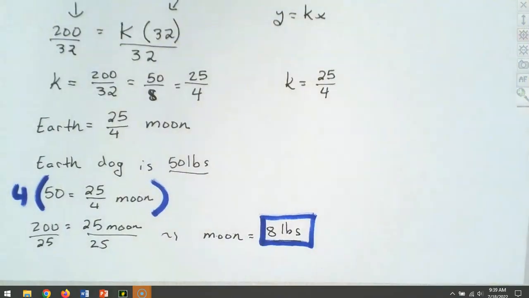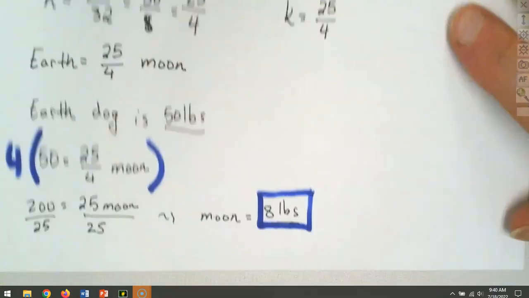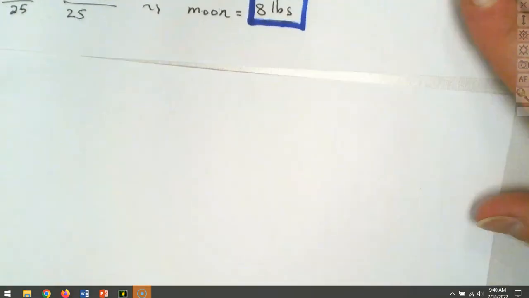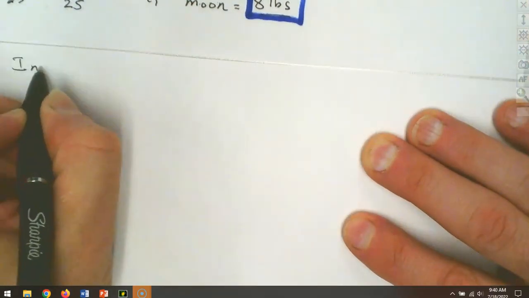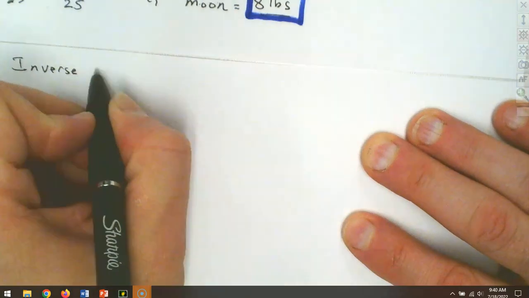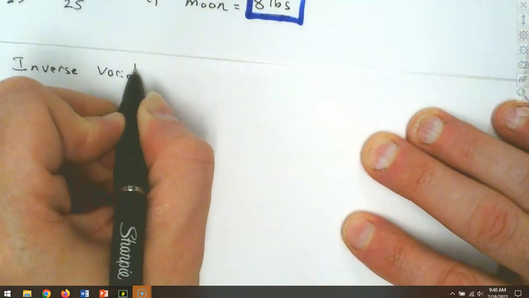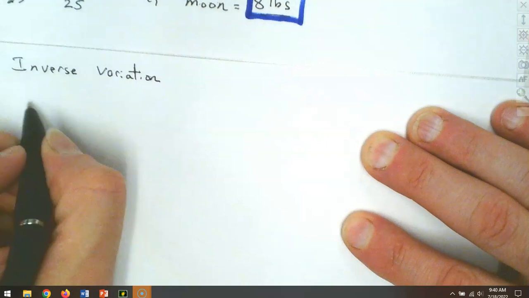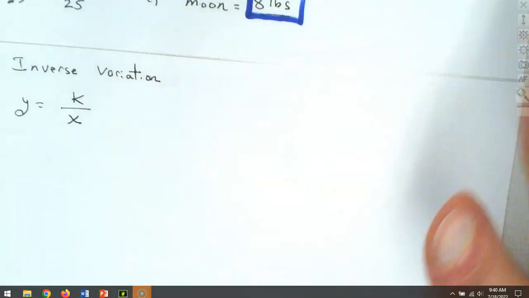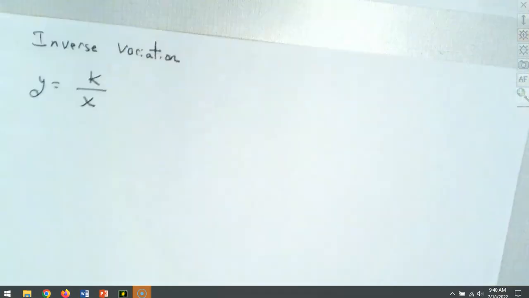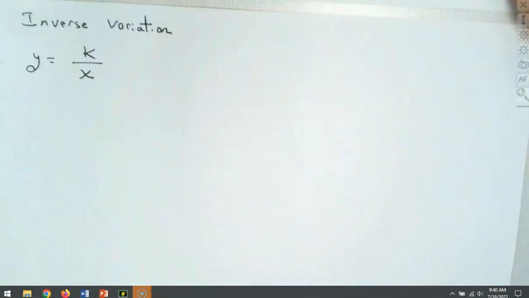So when we talk about inverse variation, this is what it looks like. And it could even be inverse to a power, which we'll talk about powers after break here. But we're going to do this one.